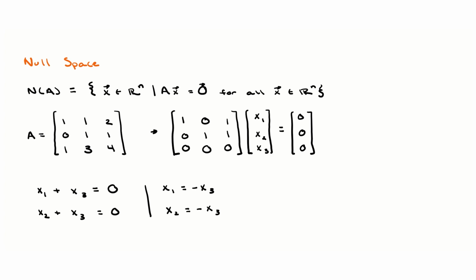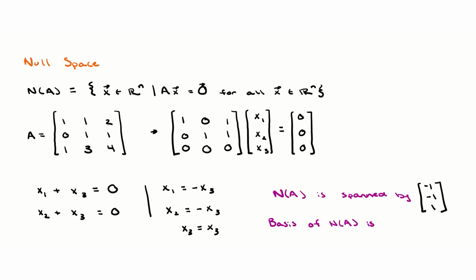And row 3 is all zeros, so x sub 3 is free, or in other words, x sub 3 equals x sub 3. And so we see that the null space of A is spanned by negative 1, negative 1, 1. And therefore, the basis of the null space of A is negative 1, negative 1, 1.